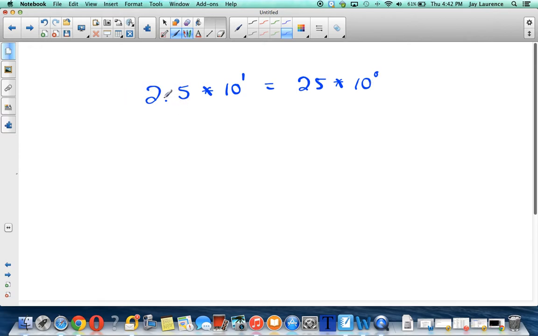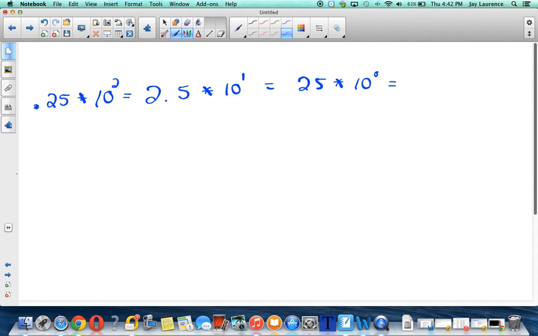So notice that the coefficient, this 2.5, got bigger. Therefore, the exponent had to get smaller for the numbers to stay equal. If I make the exponent on the 10 get bigger, then this 2.5 will have to become 0.25. See how simple that is?